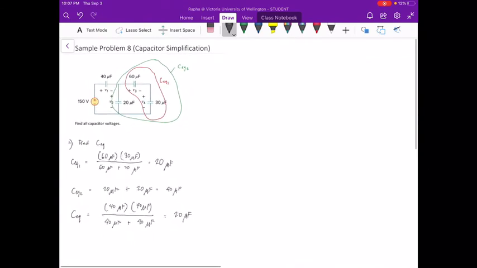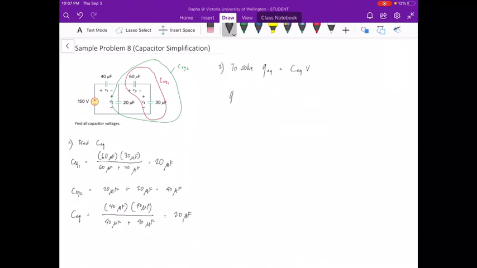What we can do next, our step number 2, is to solve for the equivalent charge QEQ, which is equal to equivalent capacitance CEQ times the voltage source.